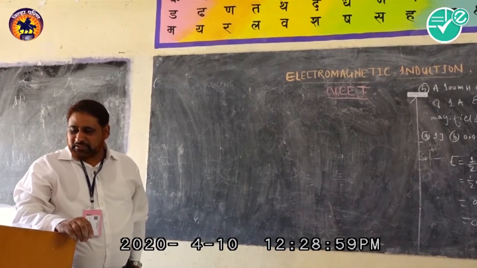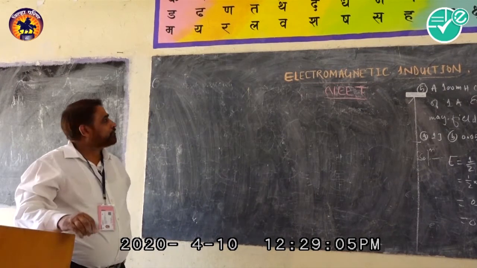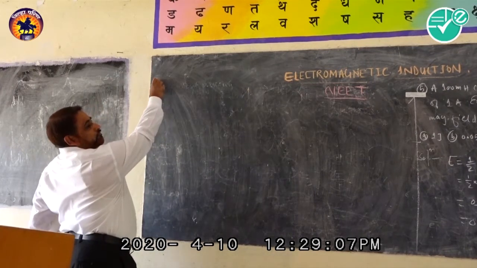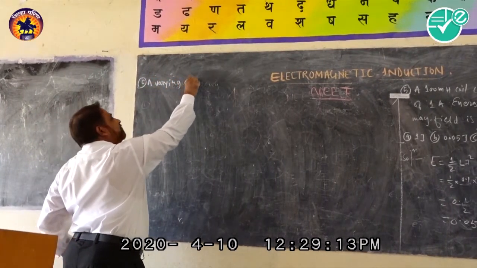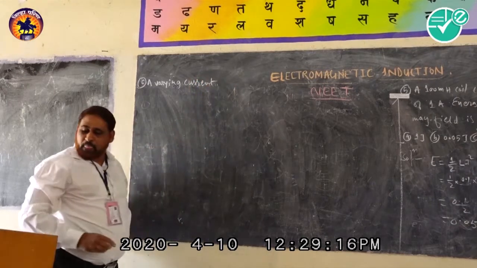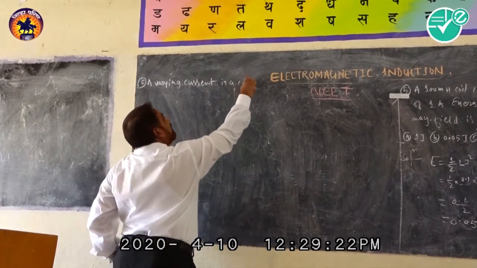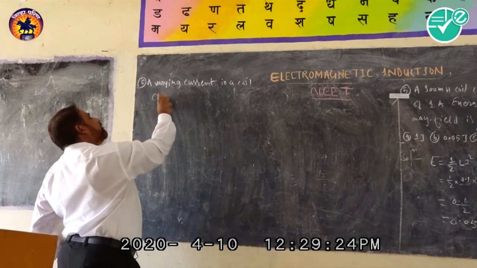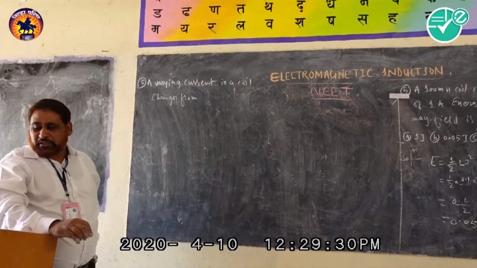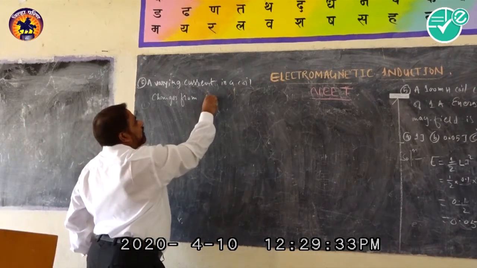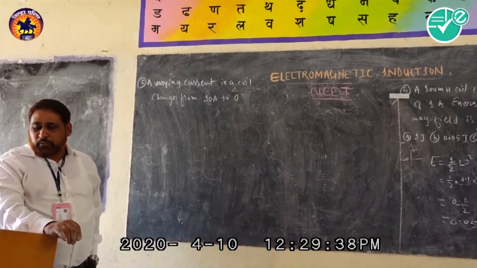A varying current in a coil changes from 10 ampere to 0 in 0.5 seconds.